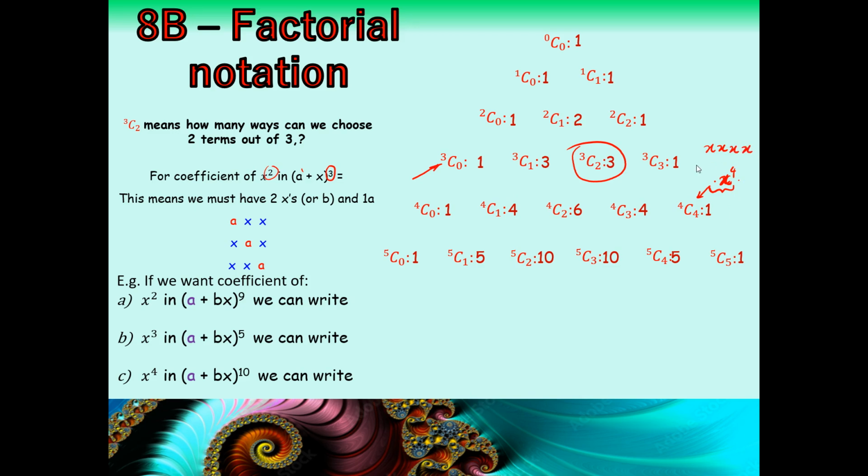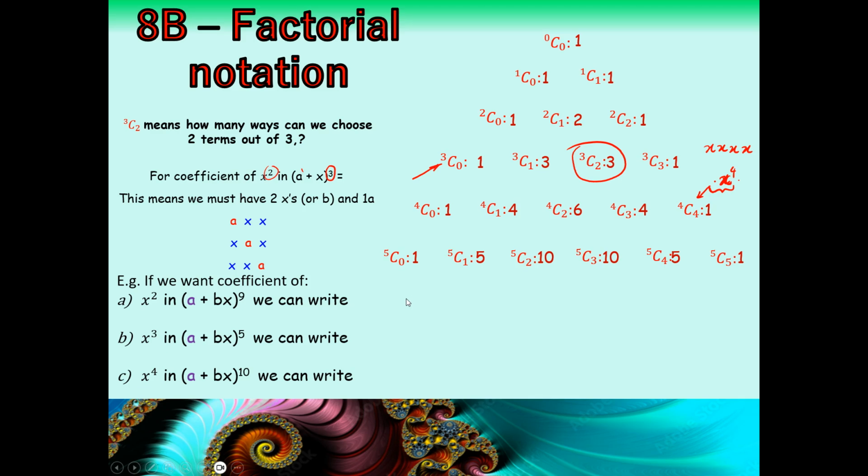All right, so in this next part we want to find the coefficient of x squared in this expansion here, where you've got b times x. So we're going to say 9 choose 2 multiplied by bx raised to the power of 2.